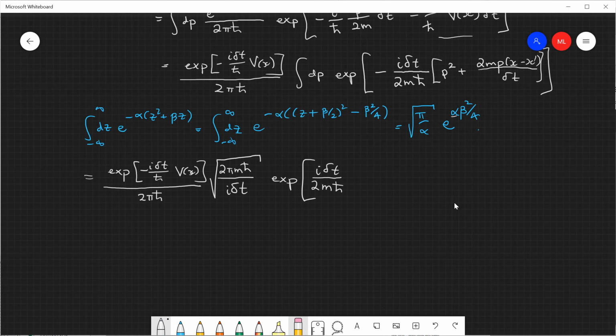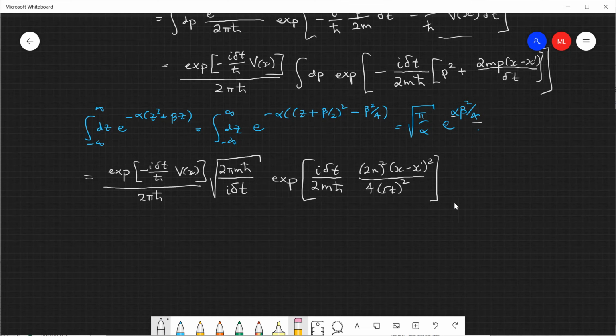And then we have 2m, we have the beta squared, right? So we have 2m squared, x minus x prime squared over delta t squared, and there's a factor of 4.